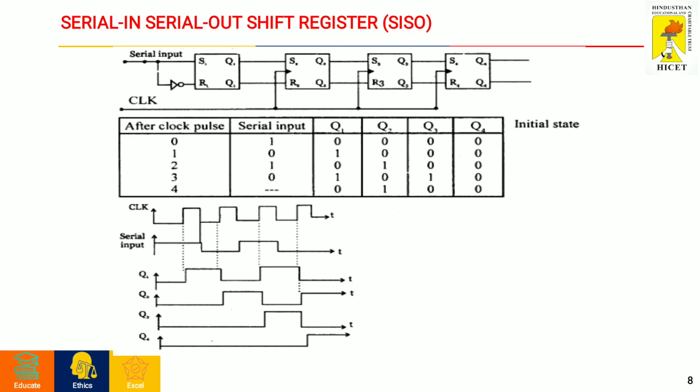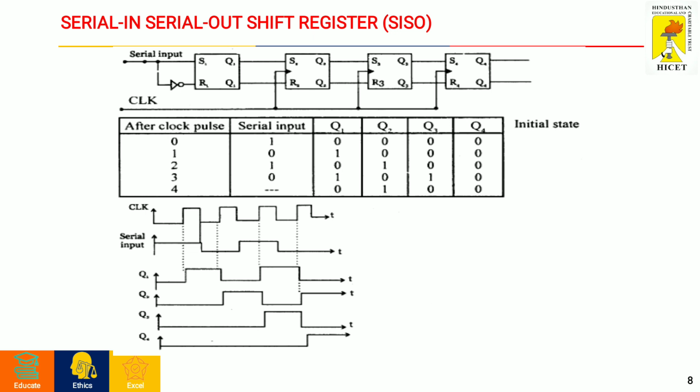We have taken 4 SR flip-flops and all the clock inputs of the SR flip-flops are given the same single clock pulse, and here we have a serial input line where S and R have been tied to give this common input. So we have a serial input like 1010 available and it will be shifted for each clock pulse to the respective registers.